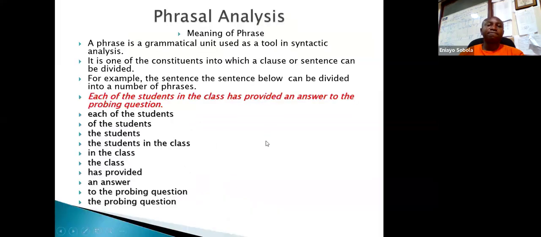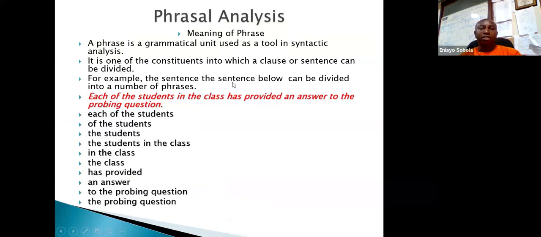And by that, we understand that when we are looking at the grammatical rank scale, we mentioned that we have a morpheme, word, phrase, clause, and sentence. That sentence occupies the highest position. So phrase is one of those units. I also say that it's one of the constituents into which a clause or sentence can be divided.